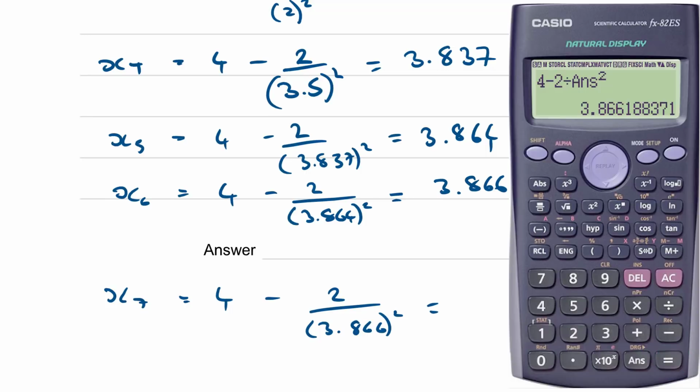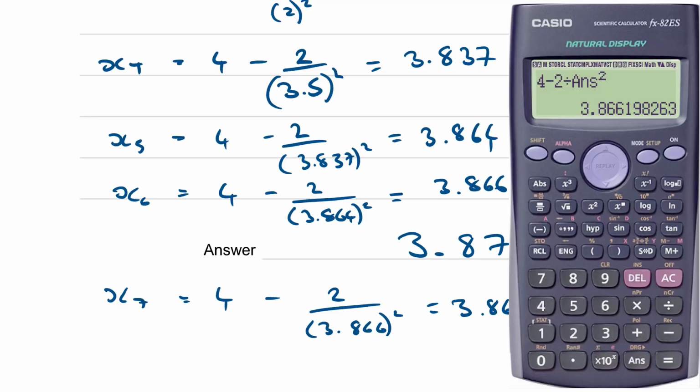And you can see now that this time it kind of just settles down on 3.866 again. Okay, and if I keep pressing it a few more times, you can see that it just stays like that. So then rounding that off to 2 decimal places, my final answer is going to be 3.87.